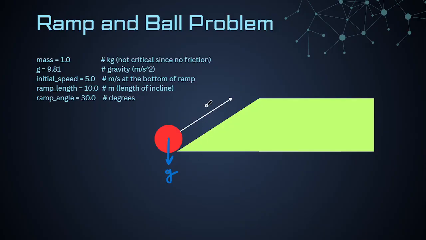So as the ball climbs on this ramp, there is an acceleration of g that goes down this way, but there is a component of this acceleration that goes along this line, and that is the component that will act on this ball, because the component that goes in this direction, you will not feel it because there'll be an action reaction from the ground, so this will cancel out. But the one that will slow you down is this component of g.